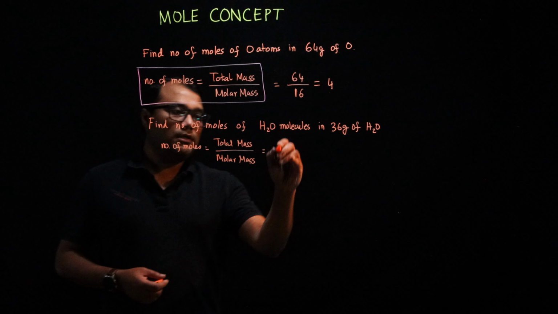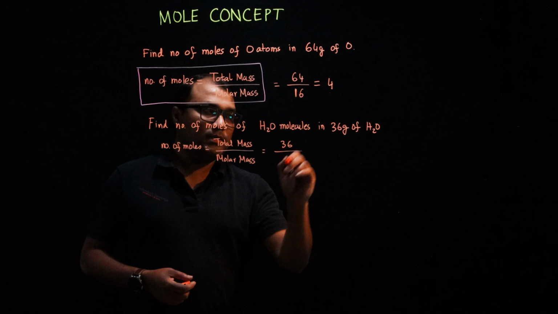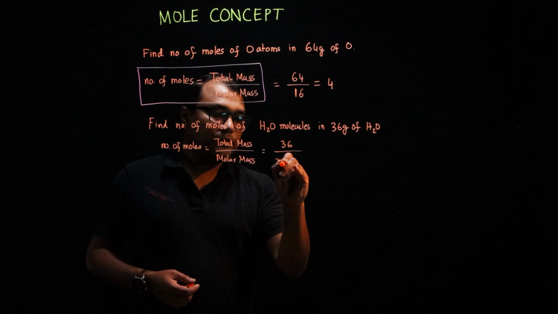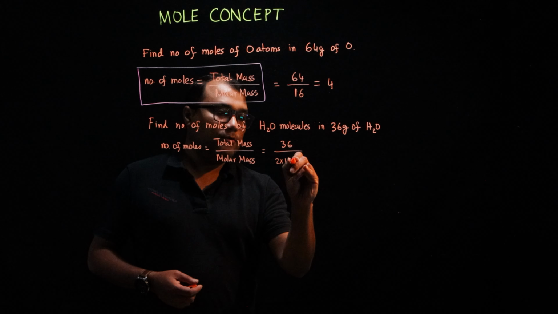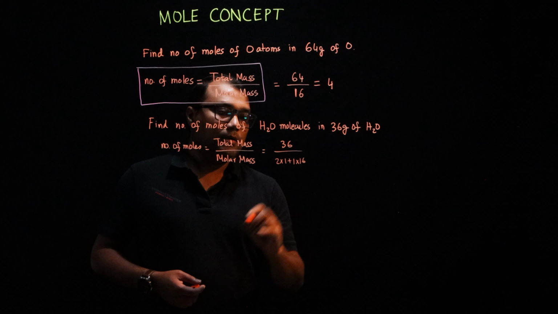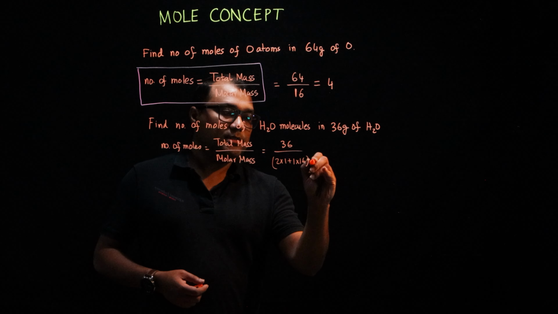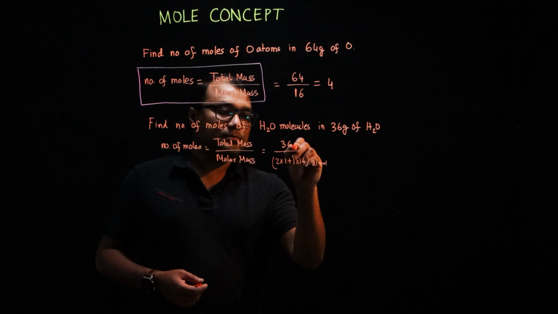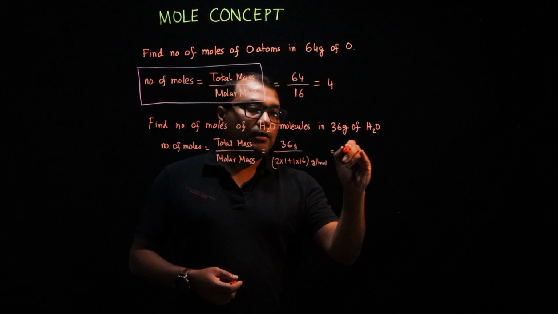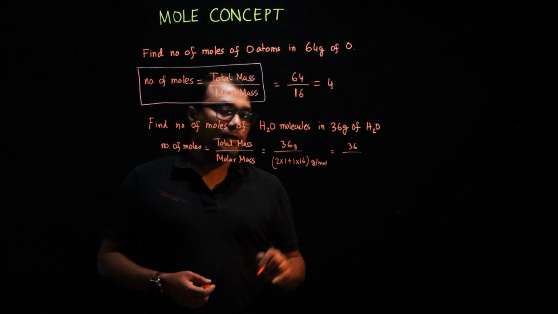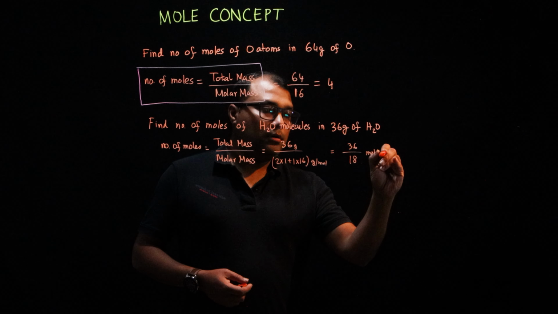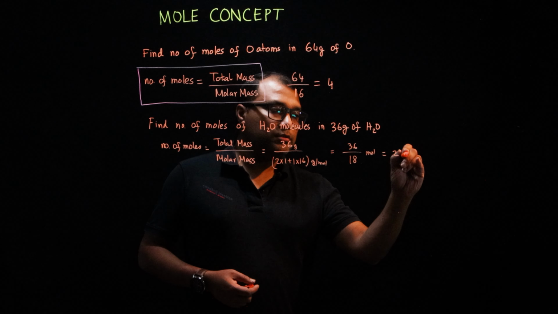But what is the molar mass of water? Let's find that out. 2 hydrogen atoms plus 1 oxygen atom. So molar mass is grams per mole, and this is grams, right? So 36 divided by 18 is 2 moles.